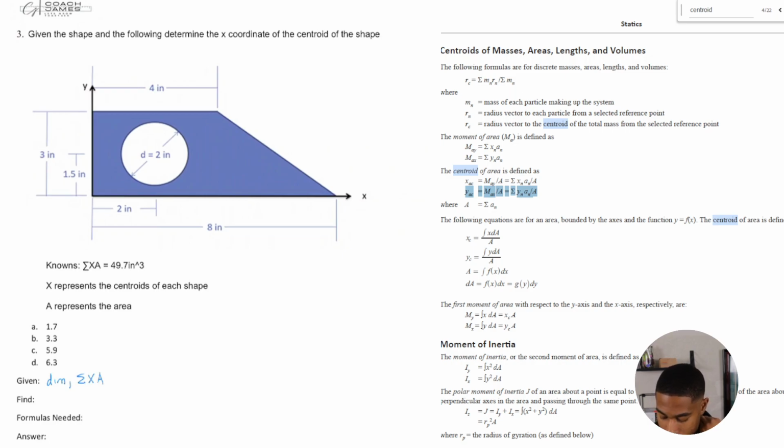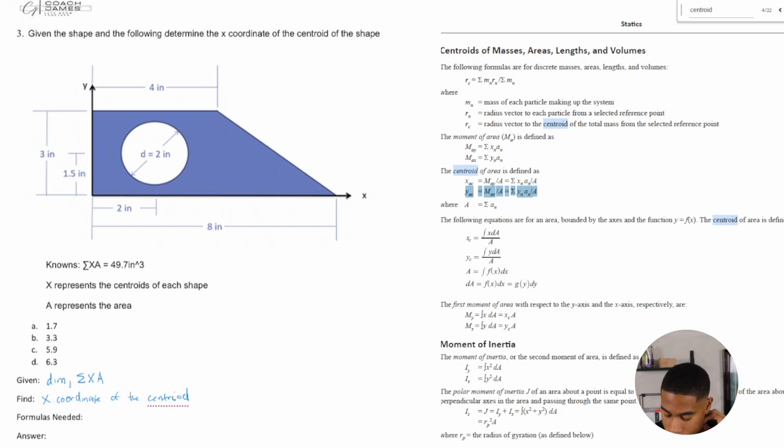Okay. What are we trying to find? We're trying to find the x coordinate of the centroid of the entire shape, right?